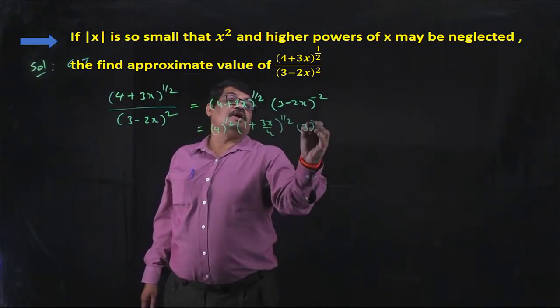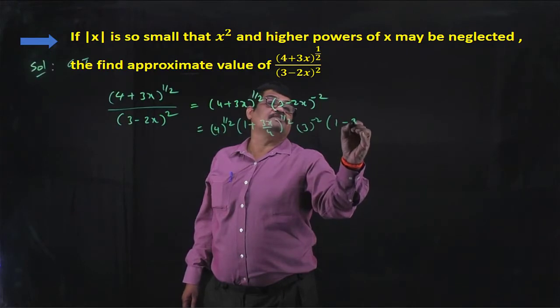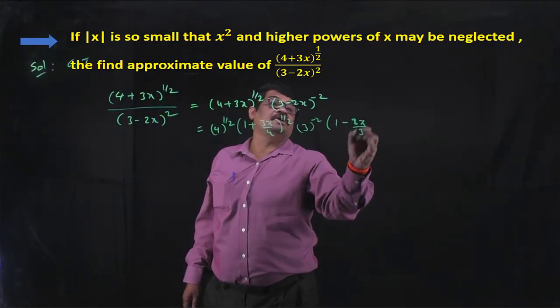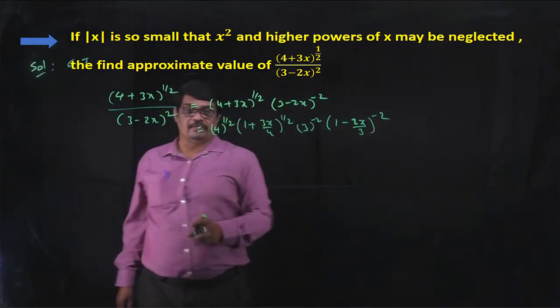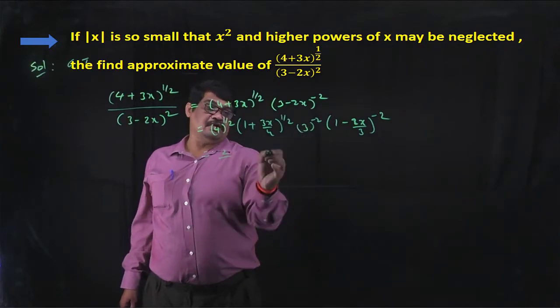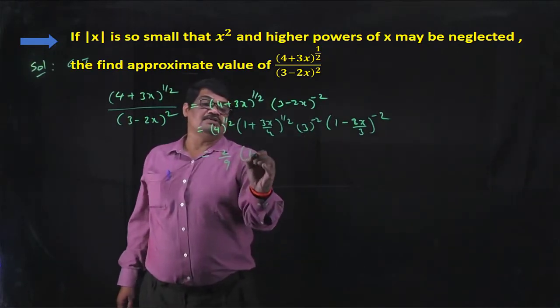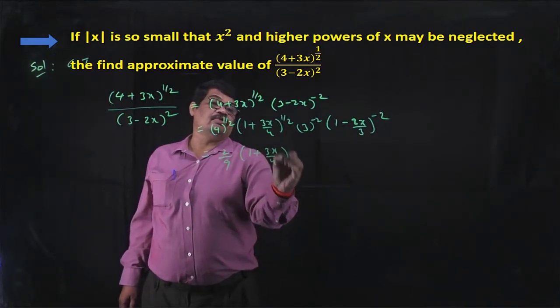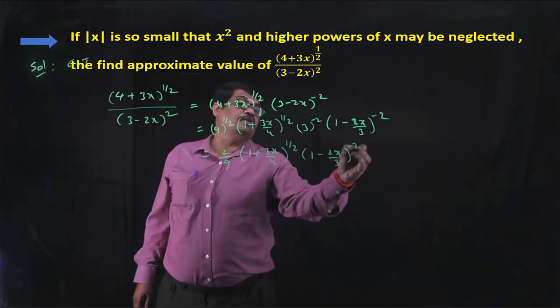Here 3 is common: 3 power minus 2 into (1 minus 2x by 3) whole power minus 2. Here 4 power 1 by 2, root 4 is 2. In the denominator 3 square, that is 9. So 2 by 9 into (1 plus 3x by 4) whole power 1 by 2 into (1 minus 2x by 3) whole power minus 2.